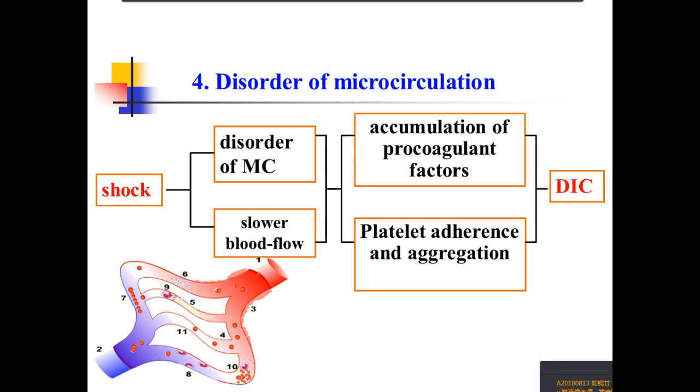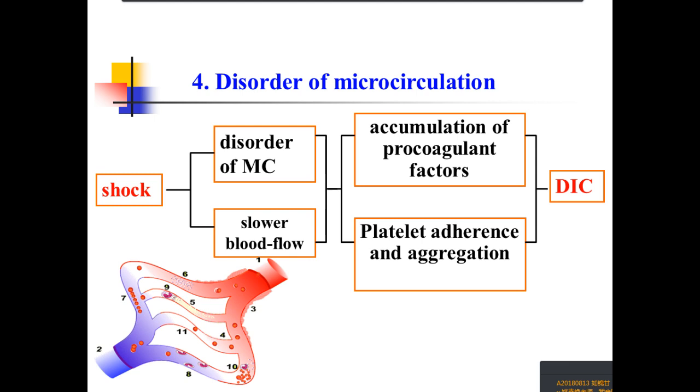Now, the triggering factors of DIC include 4. First, mononuclear phagocyte system damage. The second, impairment of liver.